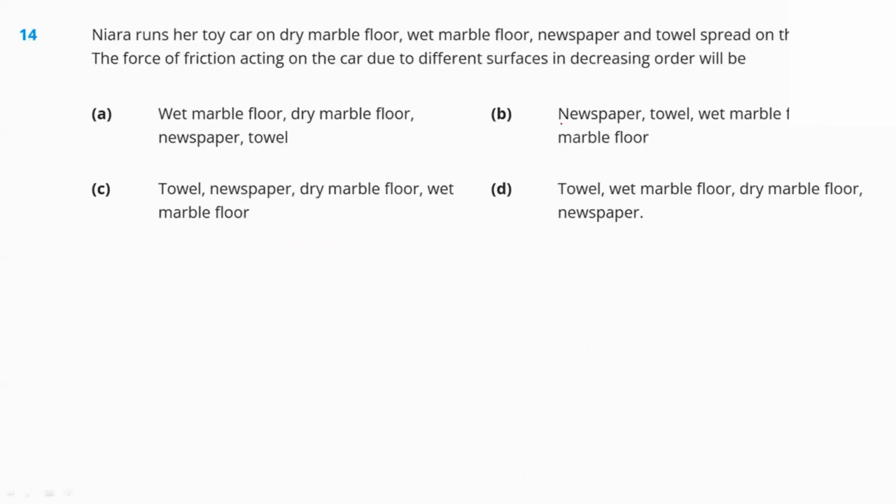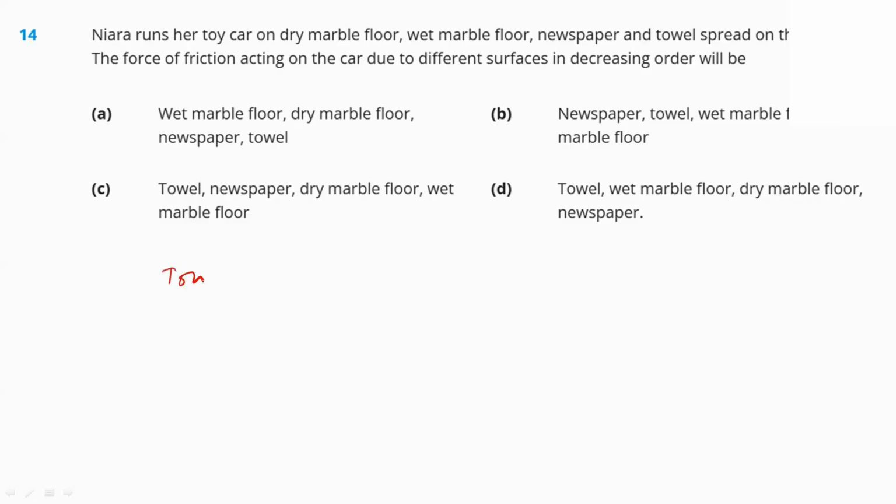Next. Nyara runs her toy car on dry marble floor, wet marble floor, newspaper and towel spread on the floor. The force of friction acting on the car due to the different surfaces, in decreasing order, would be: the maximum would be on the towel because the towel is rough.